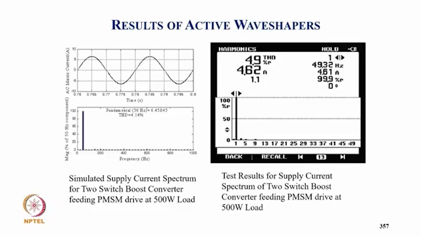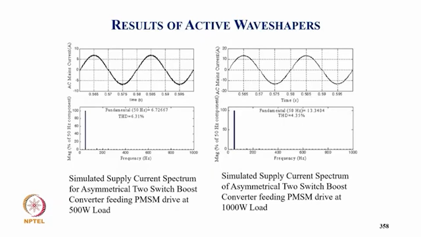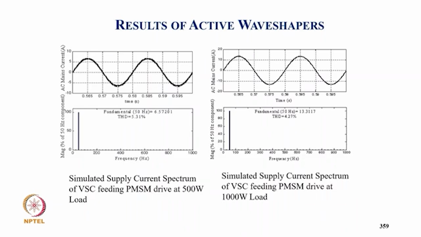With the two switch boost converter, THD is 4.14 simulated and 4.9 experimental for the supply current. And this is for the two switch asymmetrical, THD is 6.13 at part load, and for full load it is 4.3. And with the voltage source converter, THD is 5.3% at light load and 4.27 at full load.